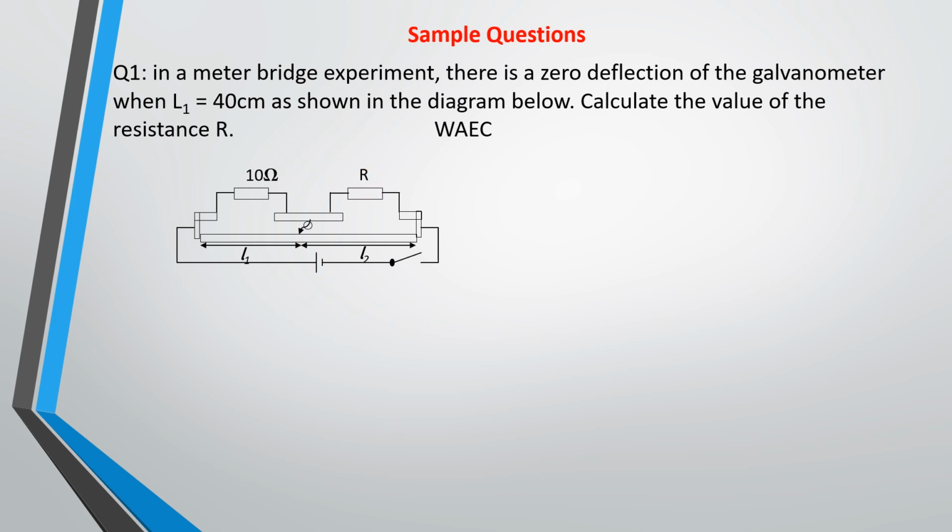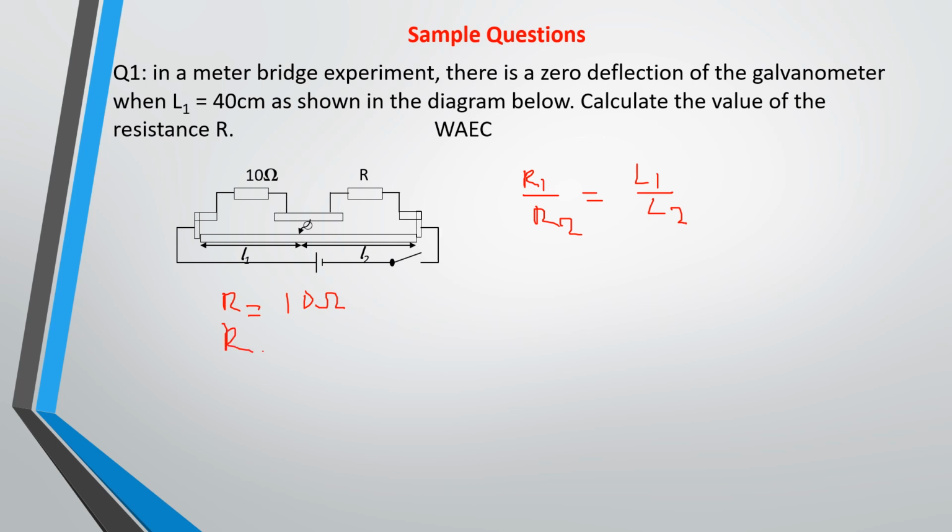For the meter bridge it is very simple. You just write that R1 over R2 is equal to L1 over L2. Here R1 is given to us to be 10 ohm.